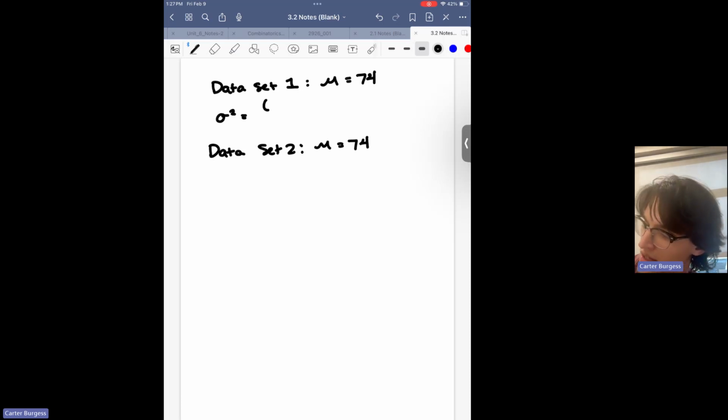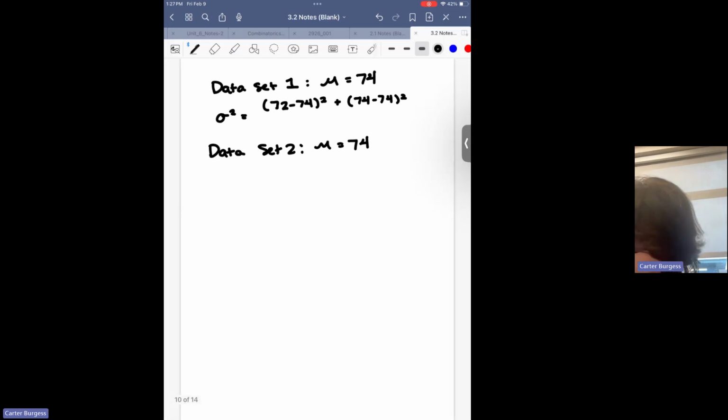Why not? All right, so the difference between the mu and our data, for that first data point, that will be 72 minus 74 squared. For the second, it will be 74 minus 74 squared. And for the third, it will be 76 minus 74 squared.